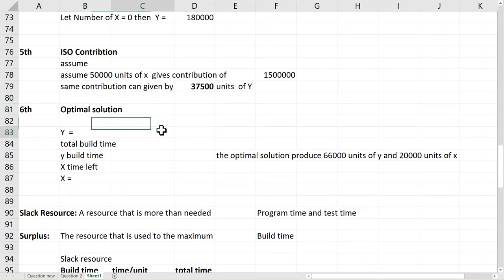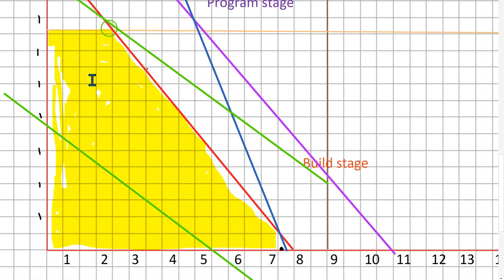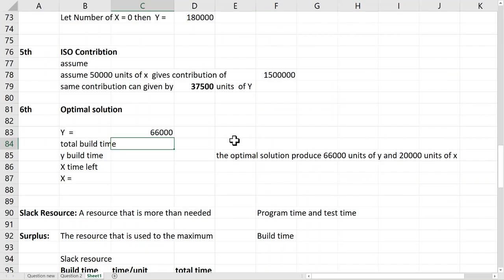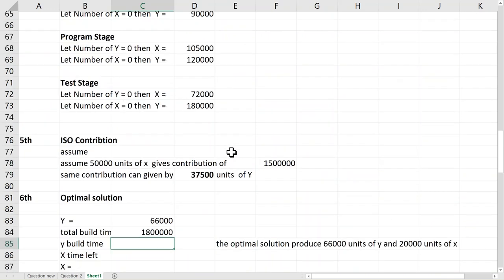Okay, so the sixth step is the optimal solution. To be exact, we have Y, which was already given because it was the line that was crossing. And remember, the resource line here is the build stage. The other lines are outside this corner. The maximum available build stage is 1.8 million minutes.